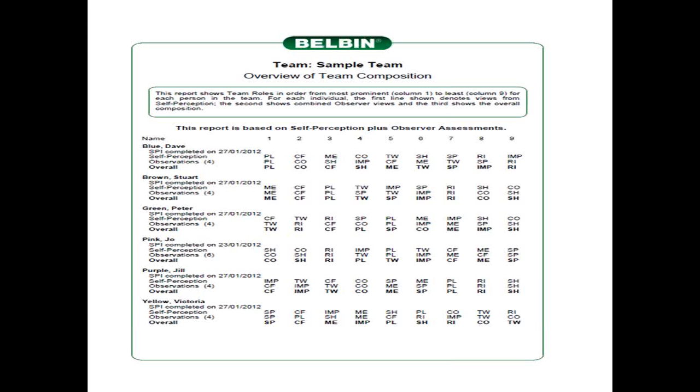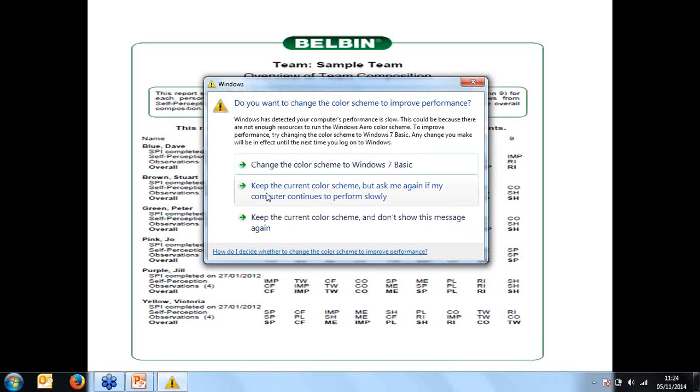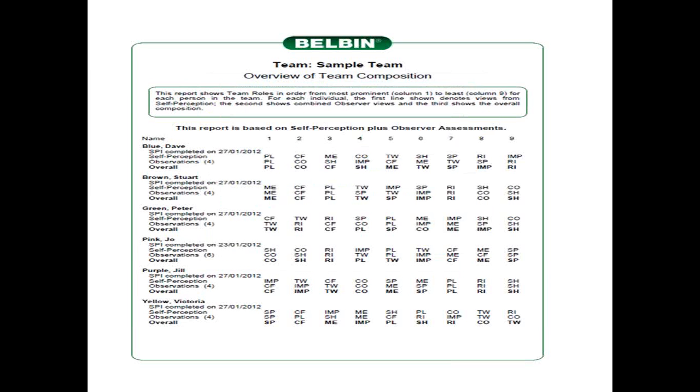For example, Dave Blue here has 4 observers, and his overall team role is plant, coordinator, completer finisher, and his least preferred would be 7, 8, and 9 here. So you would have the names of the team roles here. I apologize for that little screen popping up. Okay, so you would have the different names.